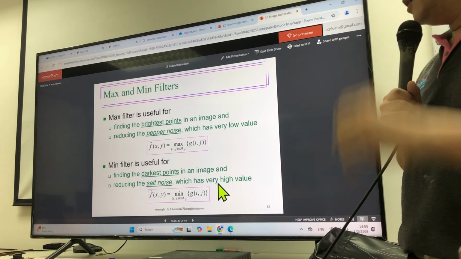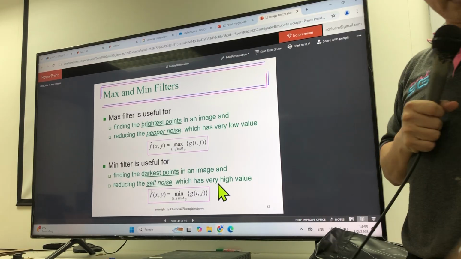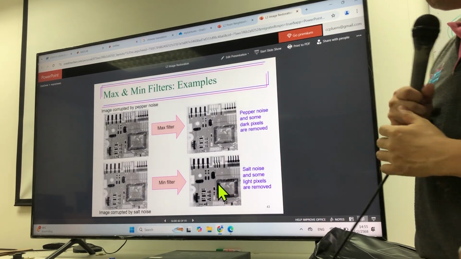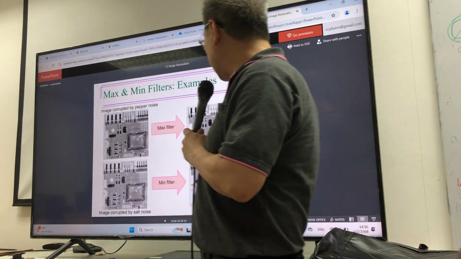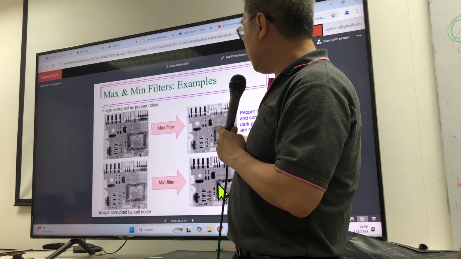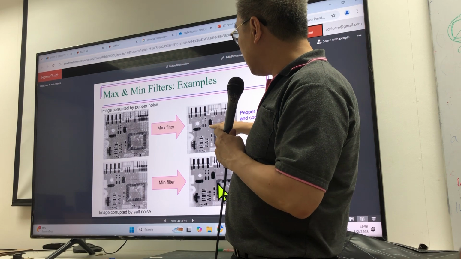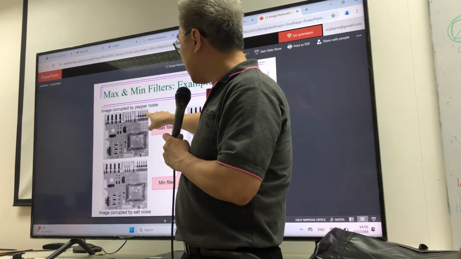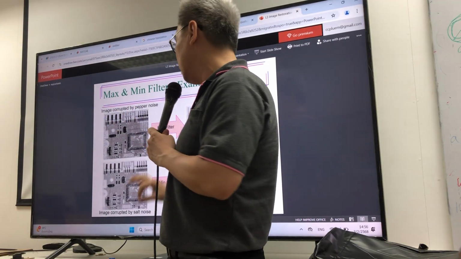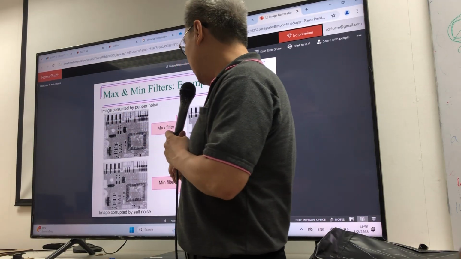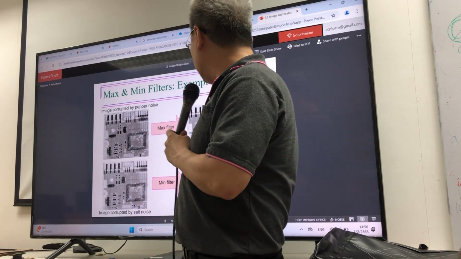However, the max and min filters have some side effects. This is the image with pepper noise. You get it clean. However, the side effect is that the image gets darker, because for most pixels you choose the minimum within the window, so it gets slightly darker. For the max filter, it gets slightly brighter.